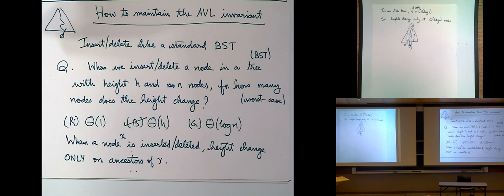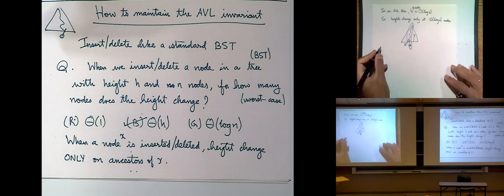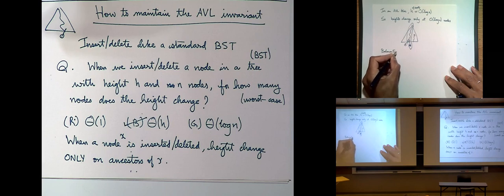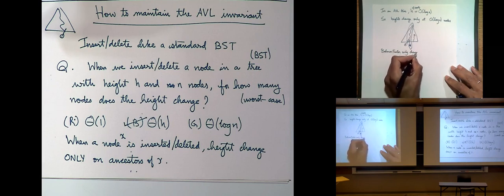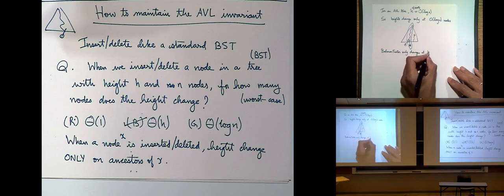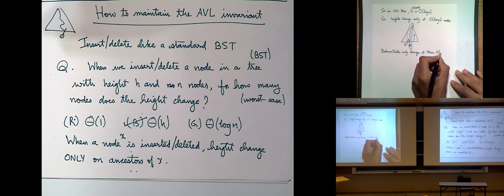Well, okay, so that means, well, let me say something and then I'll answer your question, right? So the heights only change at these nodes, and the balance factor only changes at these O of log n, which is an O of h nodes.